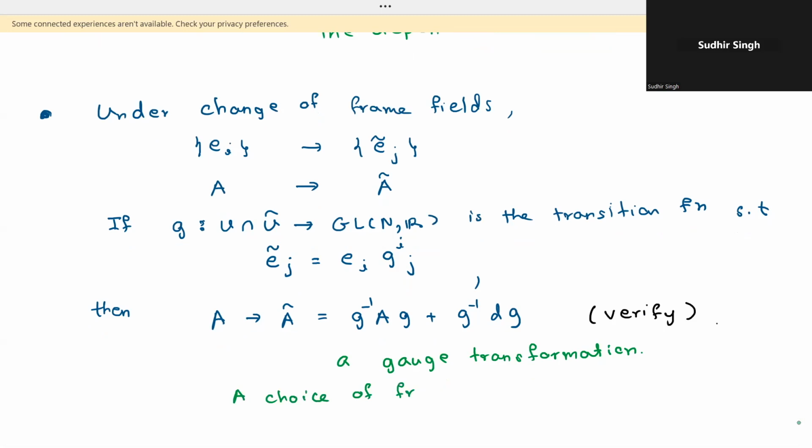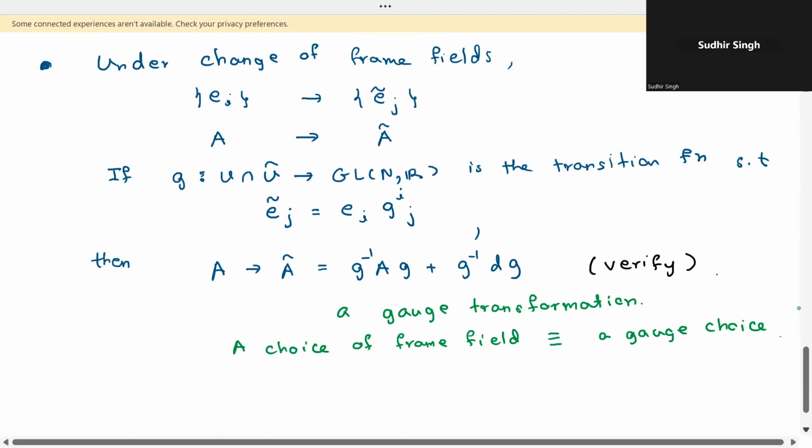So when we talk about choosing a frame field, we just mean a choice of gauge in another language. So it is a gauge choice. All right. Okay.